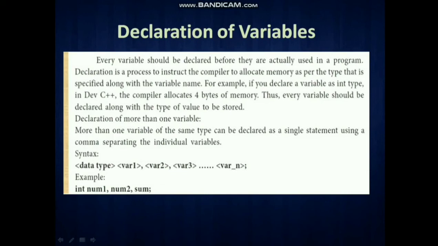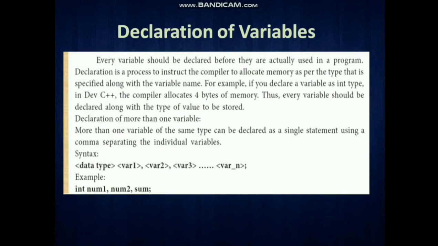Next the variable name, space, variable name 1, variable name 2, variable name 3, up to variable n. We have to declare not only one or two variables, but multiple variables, or n variables, in one particular data type.